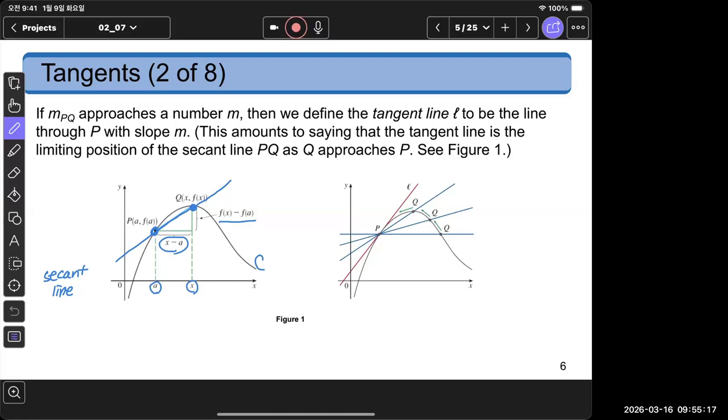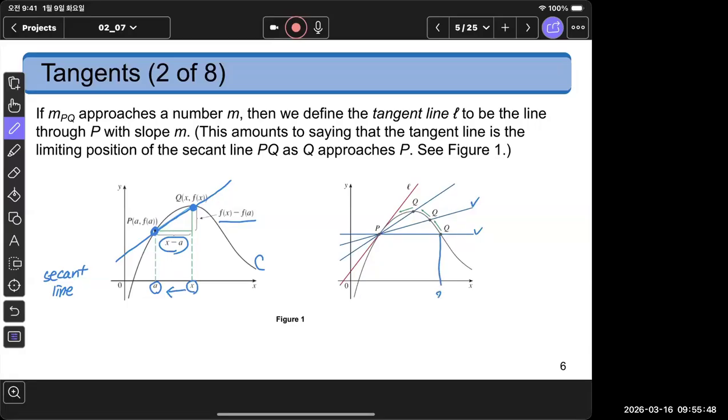Now I want to change the values of x so that x approaches the value a, and then observe the trend of the slope of this secant line. So I want to let x approach a. Then as x approaches a, the slope in this figure 1 becomes a little bit steeper.